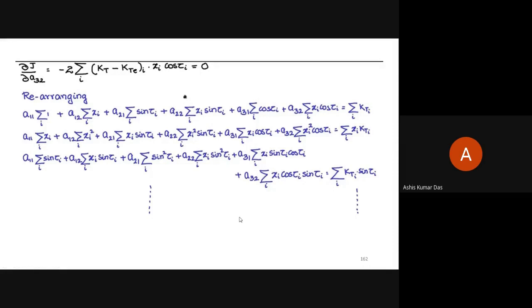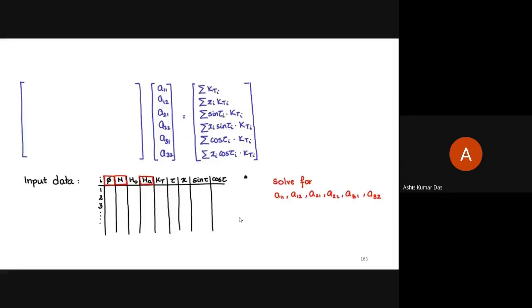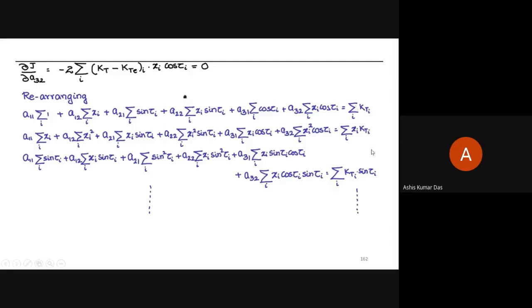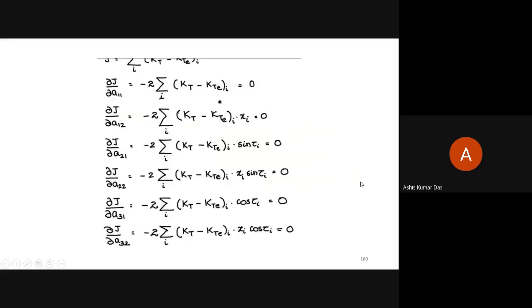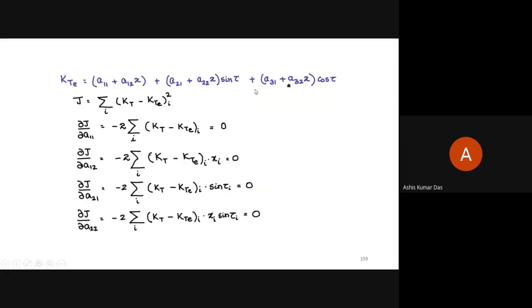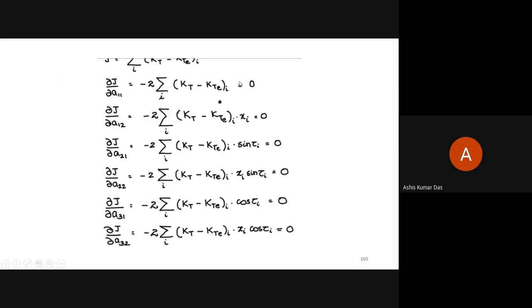Okay, so now if we put all these equations in matrix form, we are getting this one. Now in this equation, you can see in the right hand side we have the summation of kti, ξi kti, then the summation of kti sin τy, then the fourth term, which is ξi sin τy.